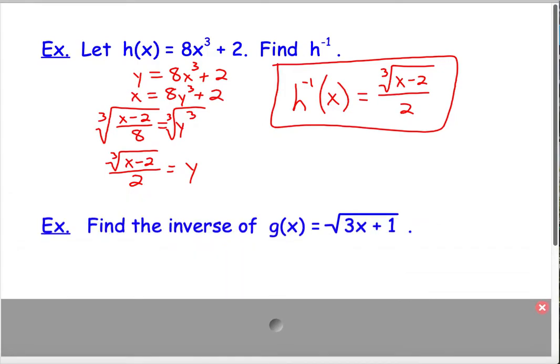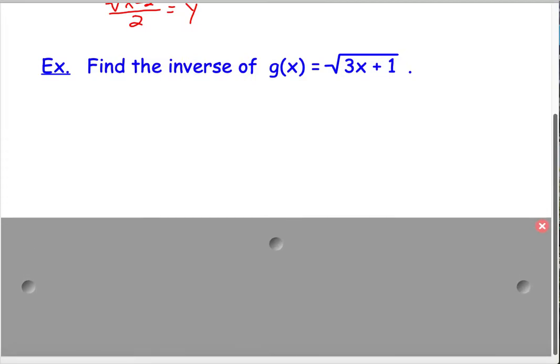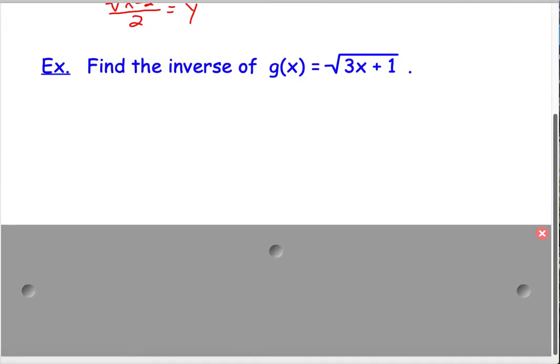All right, find the inverse of this function. g of x equals the square root of 3x plus 1. You might want to pause, try and do it yourself, and then see how you did. Step 1, we write it as y equals. Then what do we do? We switch all the x's and y's, and then we solve for y.